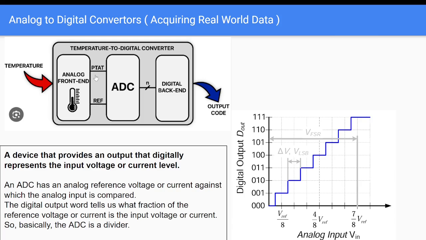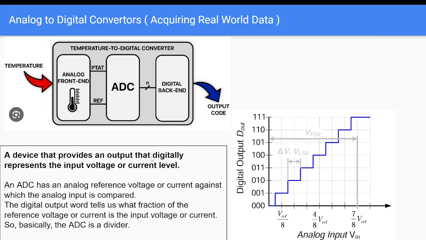This is the input voltage and this is the reference voltage. The conversion happens with respect to this reference voltage, which is fixed in the design. So it's not coming out of anywhere. Depending on what we want to measure, we set a reference voltage accordingly so that we can get the best conversion possible at the output. So that's the basic principle of an analog to digital converter.